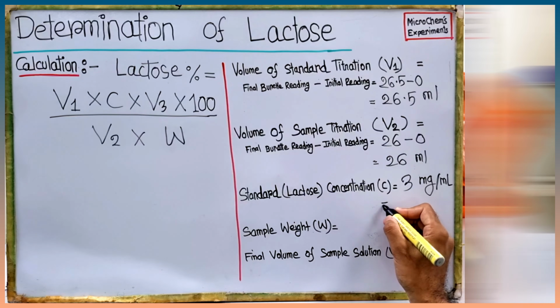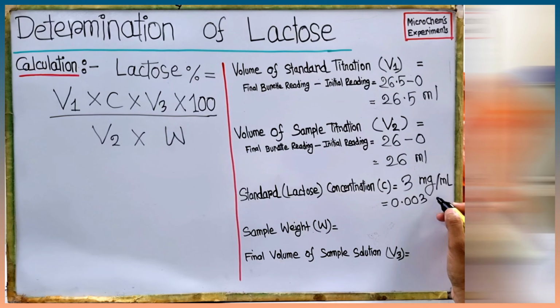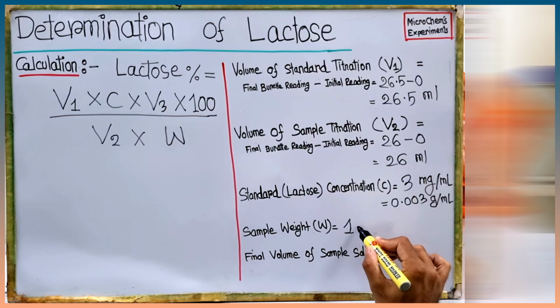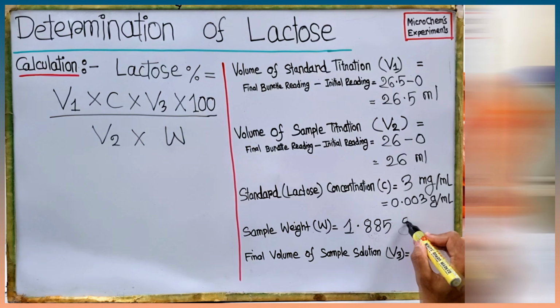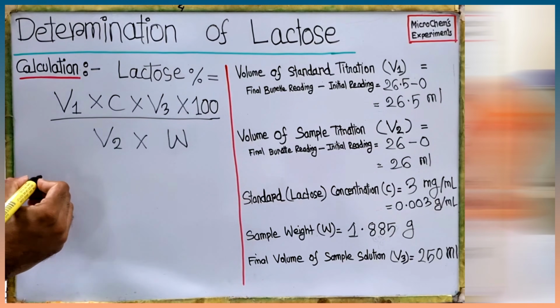By converting it in gram per ml unit, we get the value of C is 0.003. Sample weight in this test W is 1.885 grams. Final volume of sample solution V3 is 250 ml. Let's put these values in the equation given in the left side of the board.